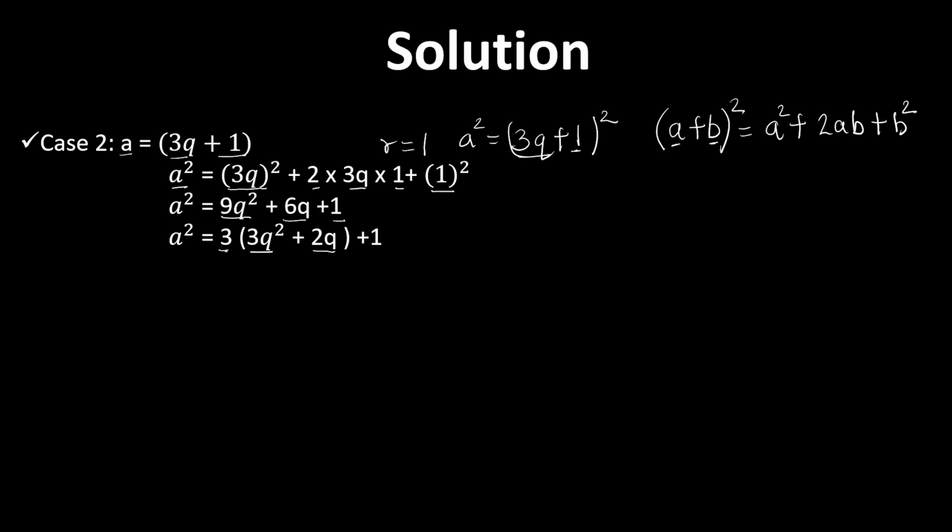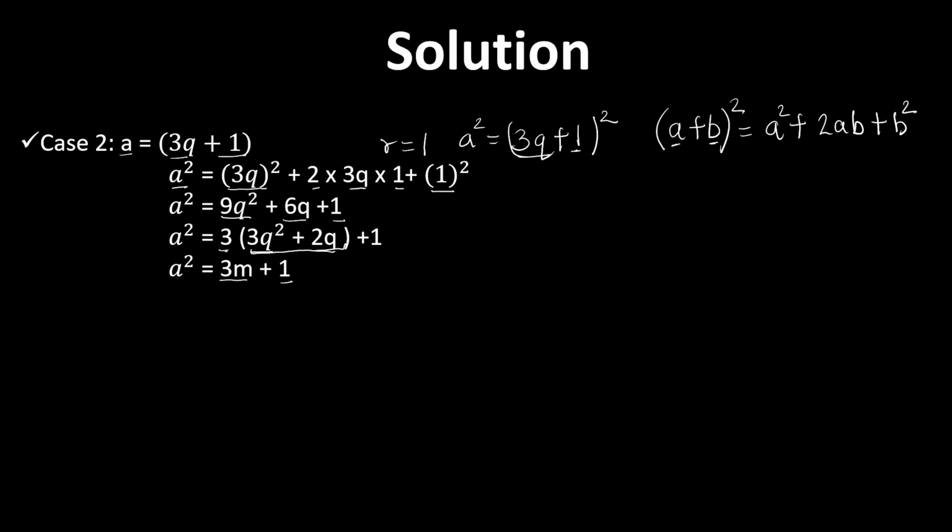So this entire expression 3q square plus 2q can be substituted as m. So we will write down finally a square is equal to 3m plus 1. So in the second case, we observed that the square of any positive integer, we are able to write it down in the form of 3m plus 1.